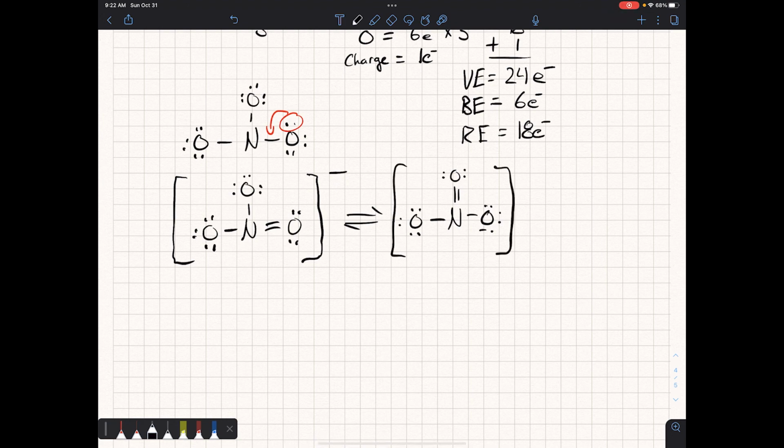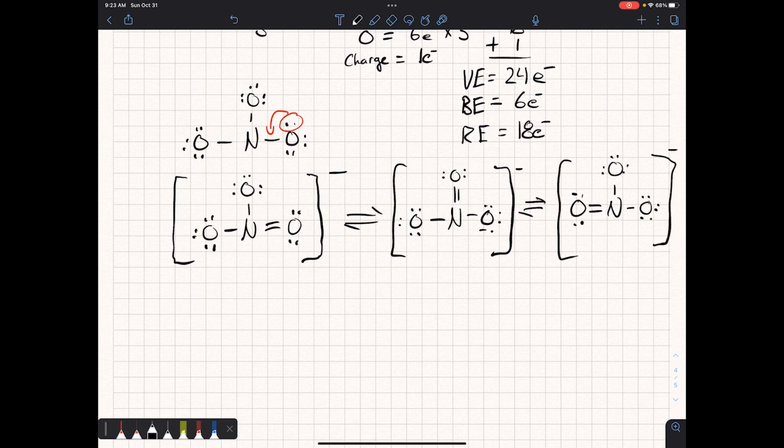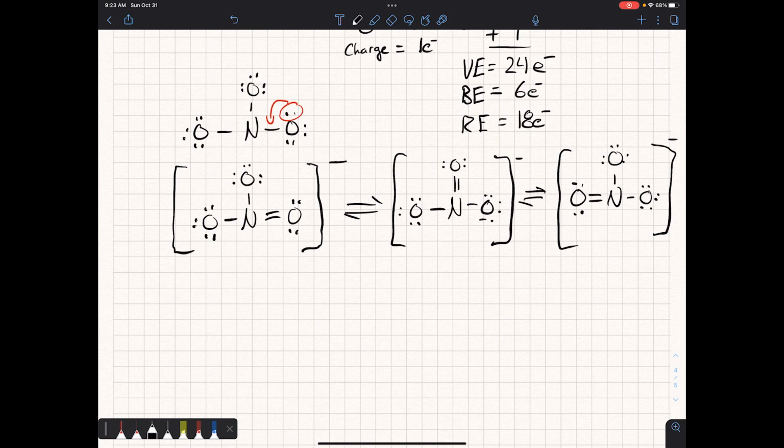So this would still be a negative 1 charge. And then we can do this again with the remaining oxygen that we haven't done it with already. So there would be all three of our resonance structures.